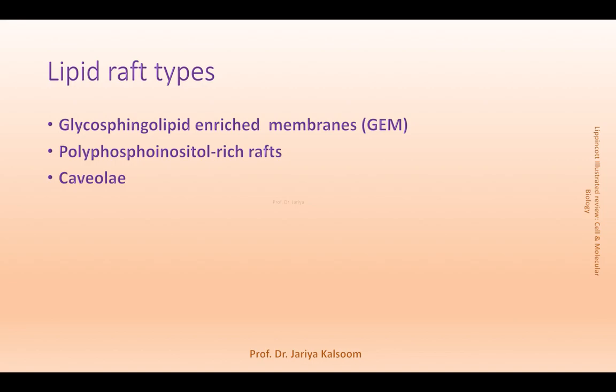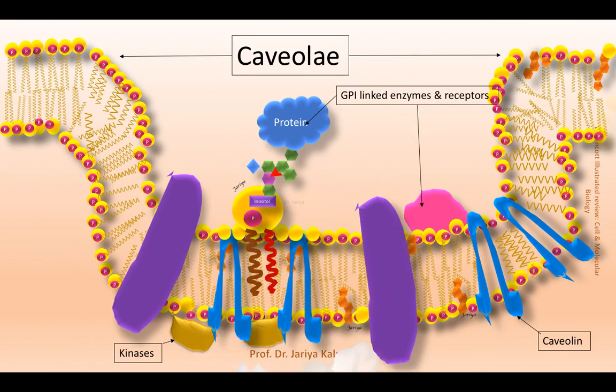There are three types of lipid rafts: glycosphingolipid enriched membranes or GEMs, phosphoinositol rich rafts, and caveolae. The caveolae are flask shaped invaginations of the cell membrane containing the protein caveolin.